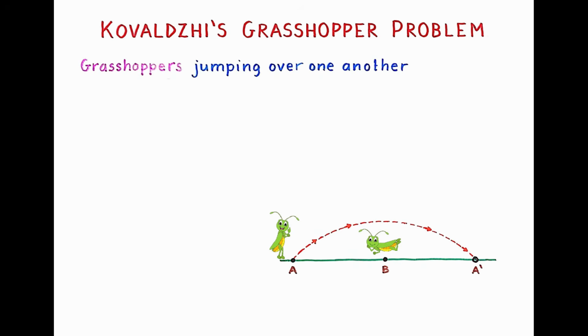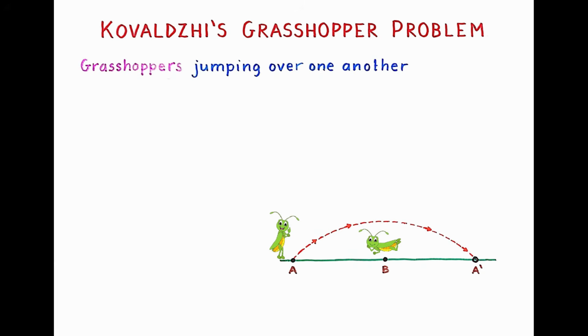So imagine that you have n, or let's say 4, grasshoppers in the plane. They are in some position, and what they can do is that one grasshopper can jump over another grasshopper and land at the same distance on the other side. And this step they can repeat any number of times.